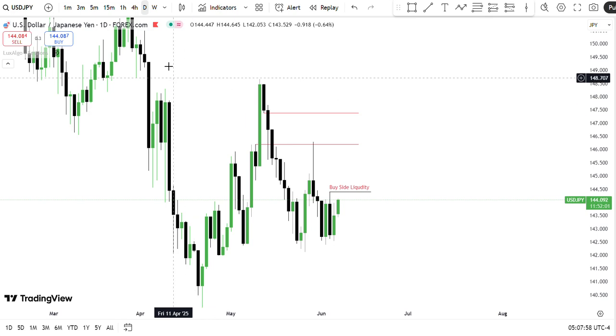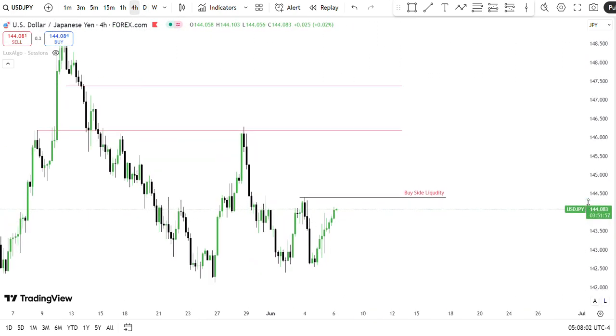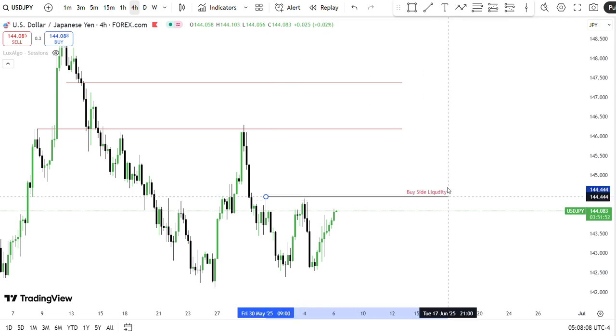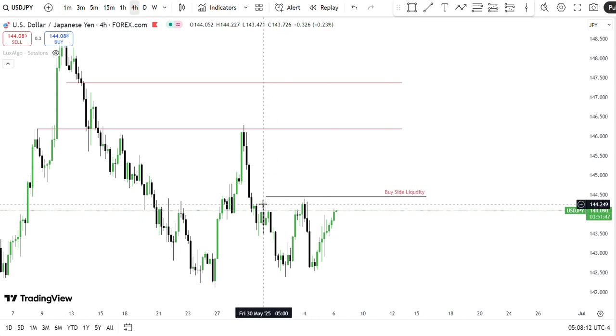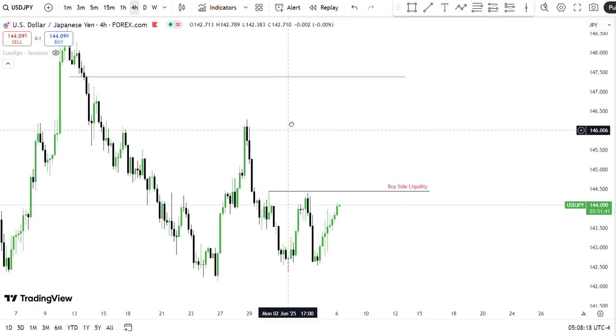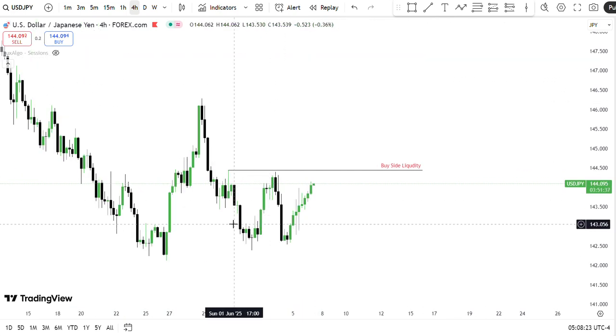So I'll go to a lower time frame, which is 4 hours. In 4 hours, I get this point. The market will easily violate this low. I am expecting the market to take this 4 hour buy side liquidity.